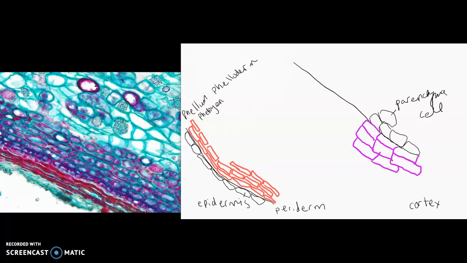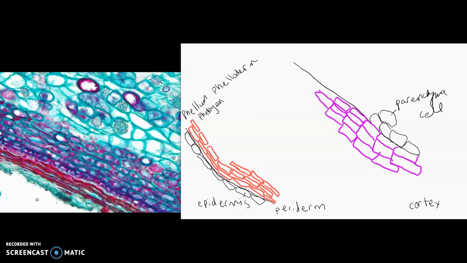So they're still living, whereas the phellum will function even after death because of everything it's filled with. So that phelloderm again is just going to run up against the cortex.